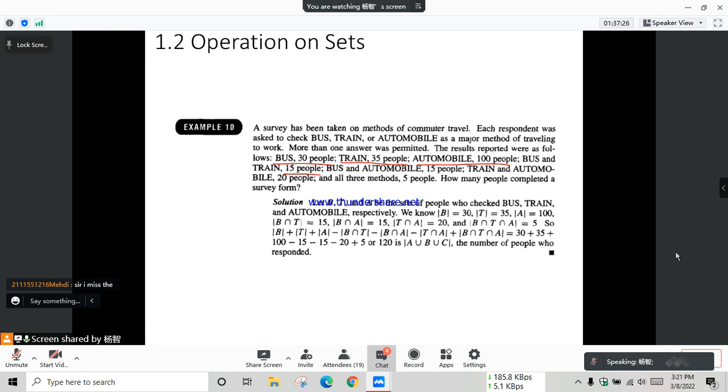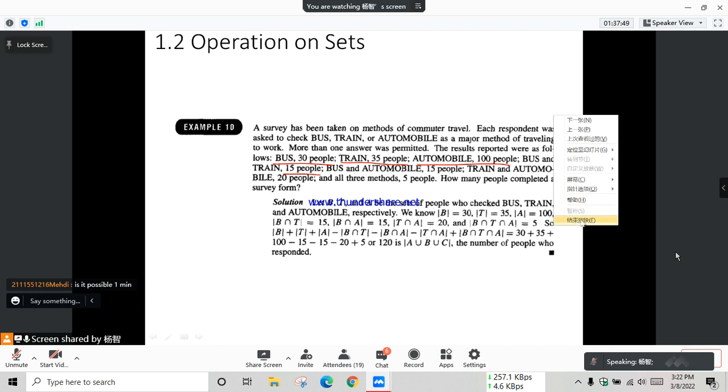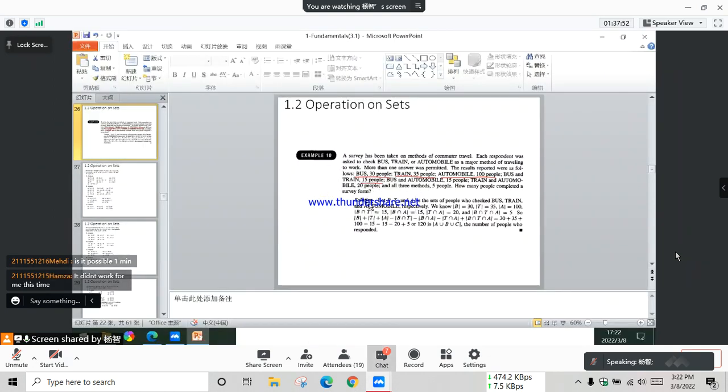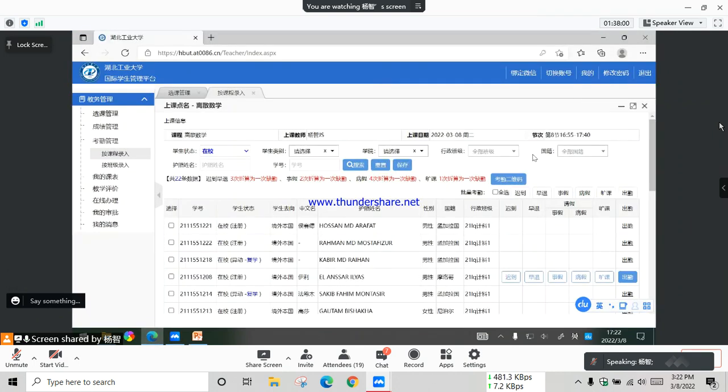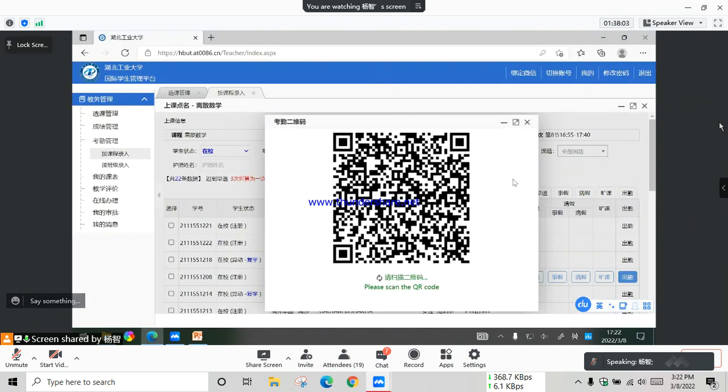Okay, we have a pause. We have a pause, only for you, so it's a waste of time. Okay, be quick. Scan the QR code quickly.